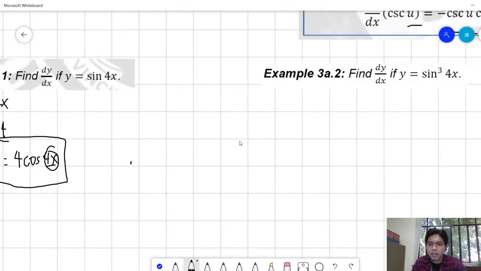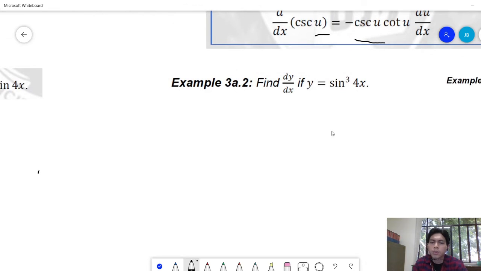Okay? Next example. This one we will be applying the power rule. So dy over dx is equivalent to 3 sine squared 4x, then times the derivative of sine 4x.